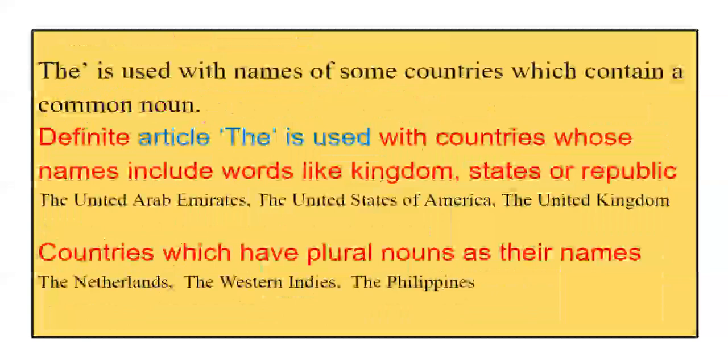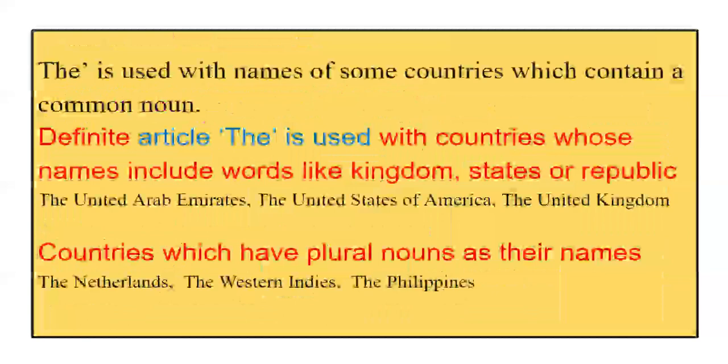So the is used with the names of some countries which contain a common noun. Means their name contains a common noun. Like the countries whose names include words like kingdom, states, or republic. There we use the because there are common nouns in this.